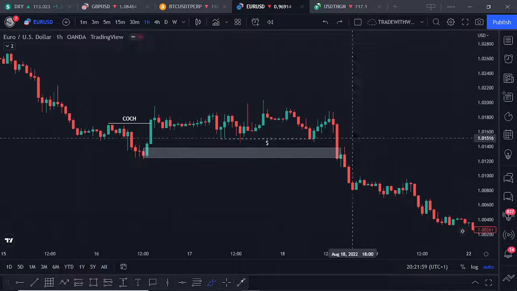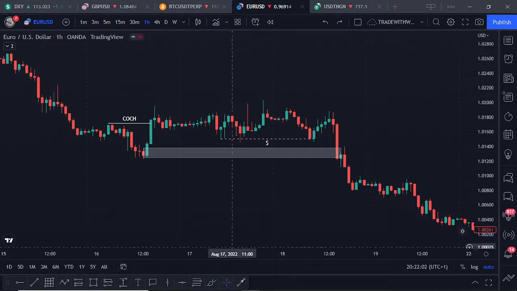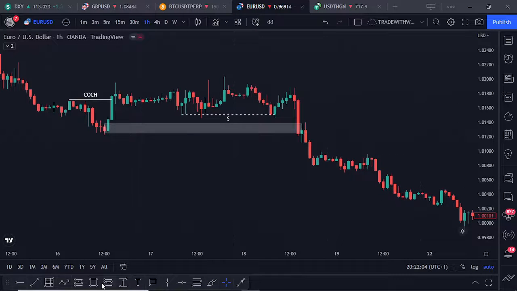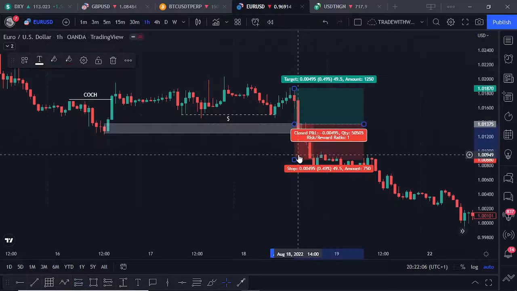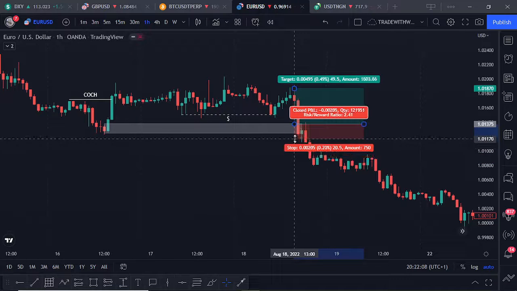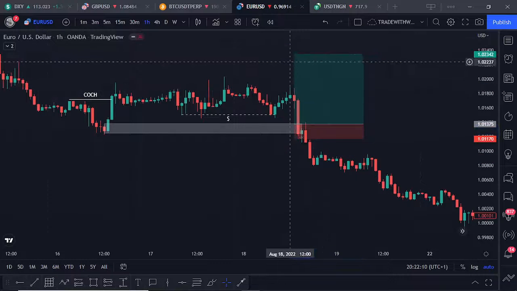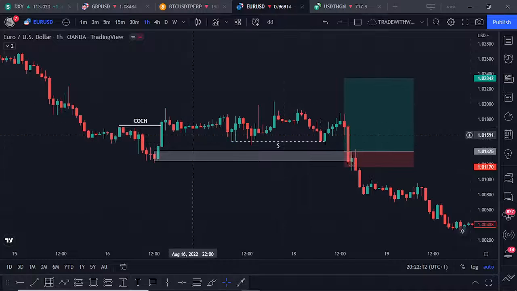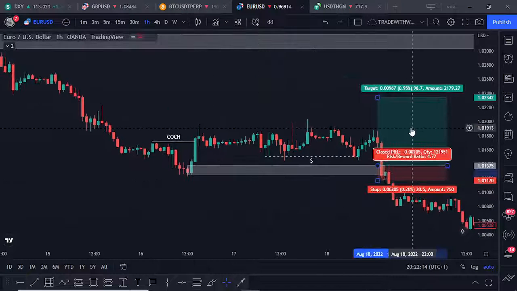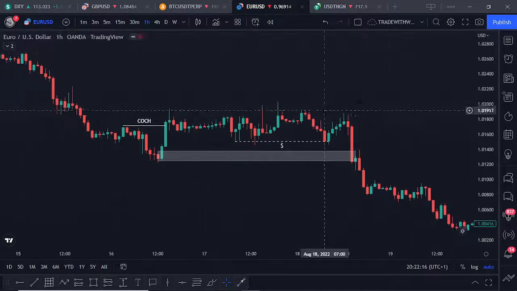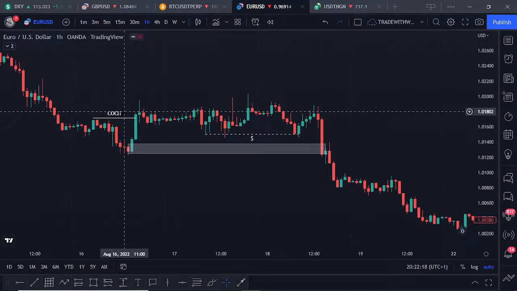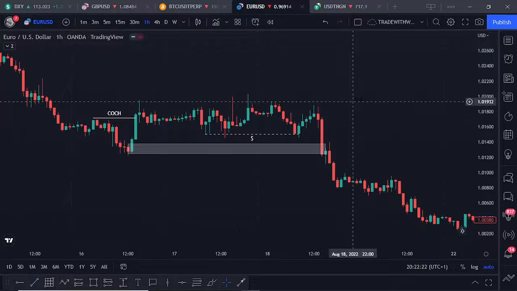Now, after seeing a change of character, the next thing you want to do is not to enter immediately, even though you've seen all the confluence, maybe like the Fibonacci, liquidity, Asian session, and so on. The next thing is that you don't want to enter immediately. Why? Because it is not a break of structure yet. When you see a break of structure is when you want to enter.